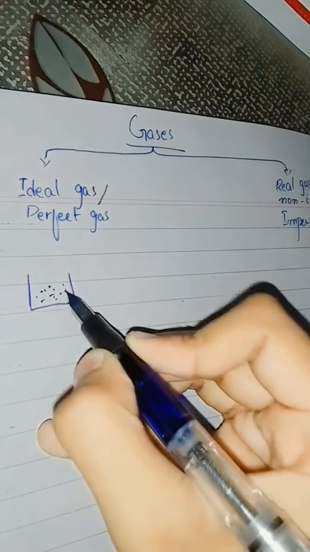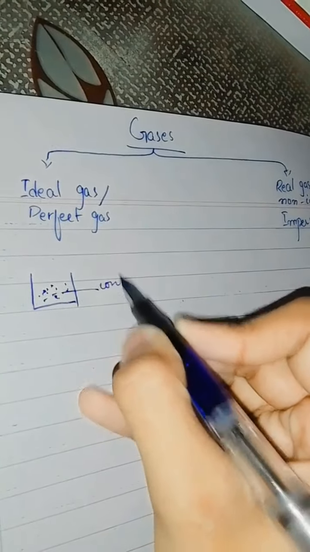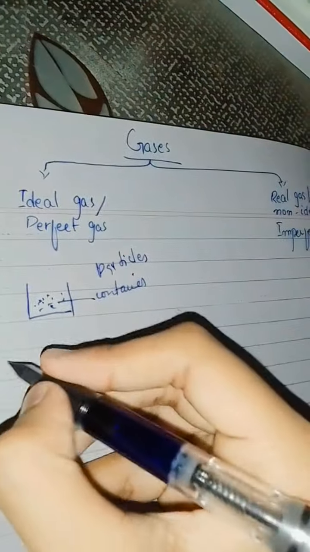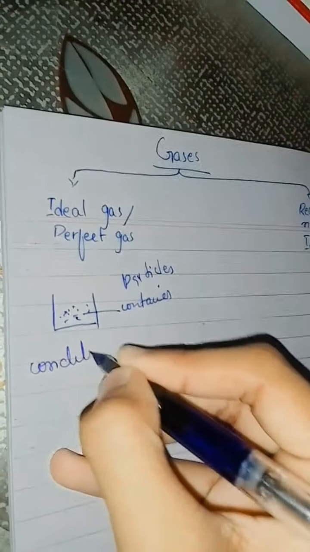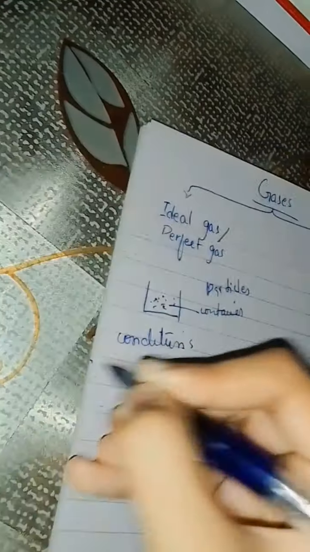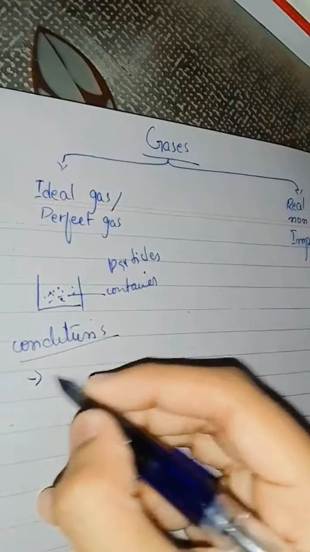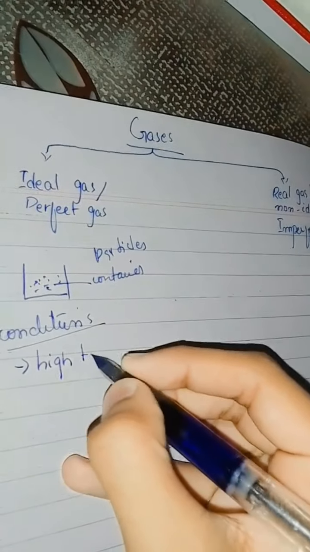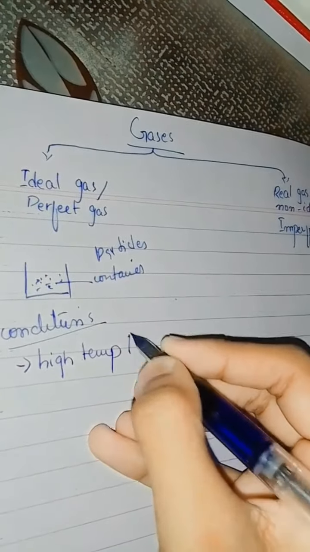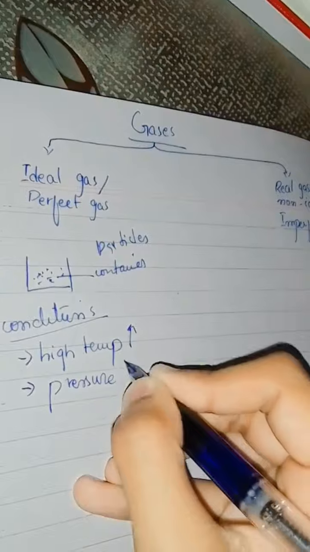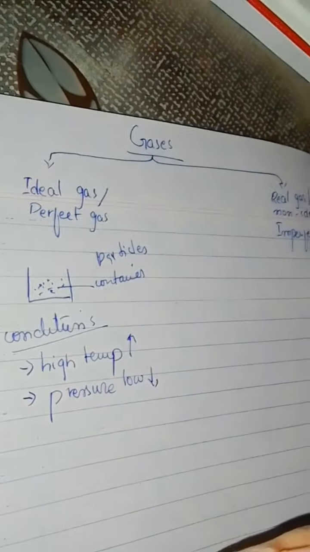What conditions will we give to those particles so that they become an ideal gas? We have to give a high temperature to it, and the pressure should be low.